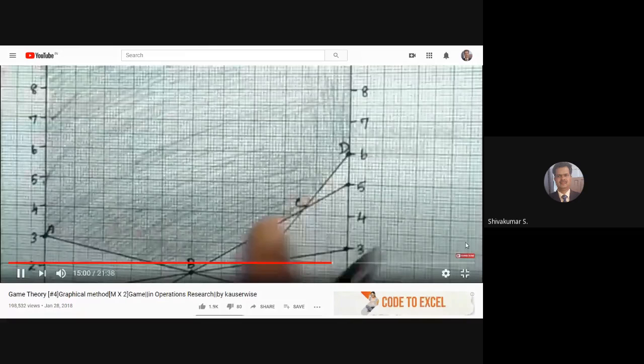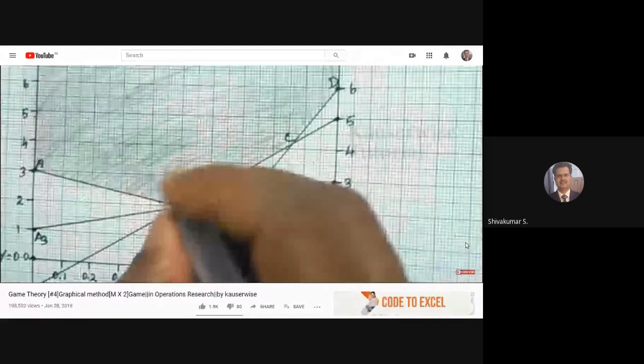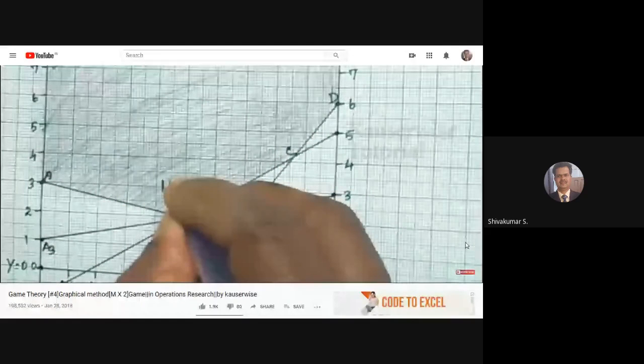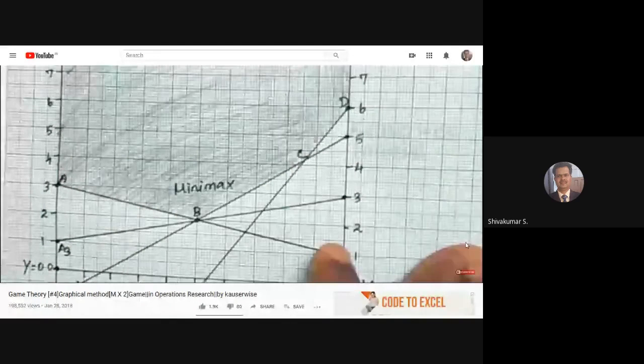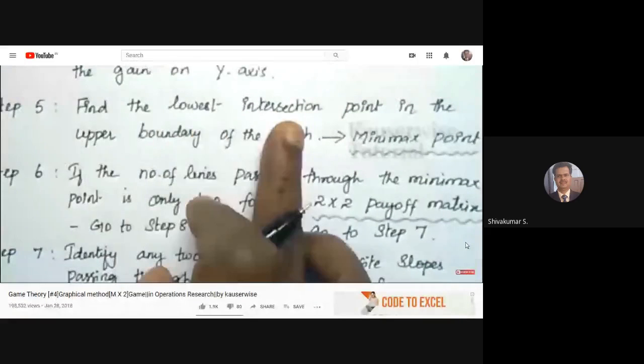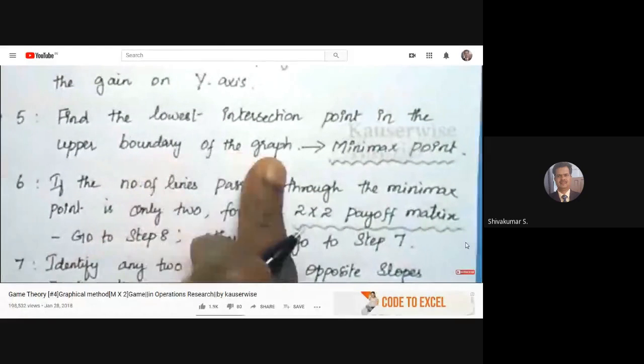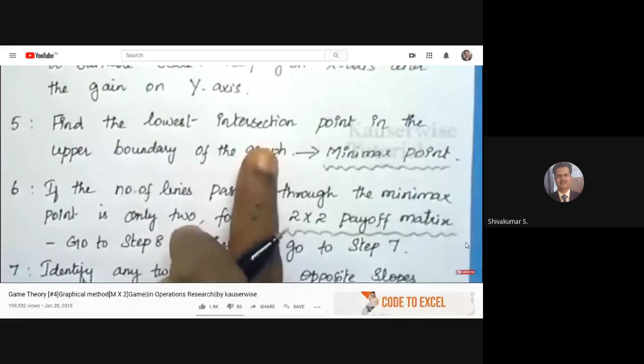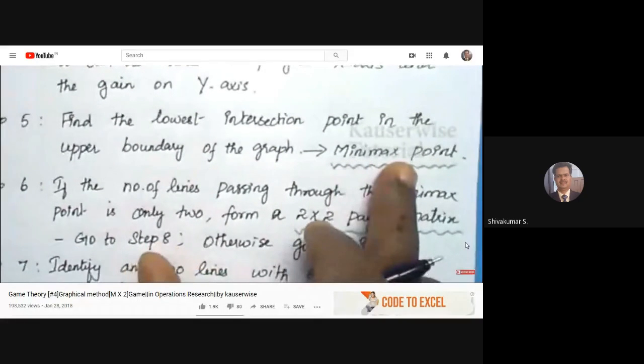So this is called the minimax point. Now look at the algorithm. The fifth step is to find the lowest intersection point in the upper boundary of the graph. That point is called the minimax point. We have found the minimax point on the graph.